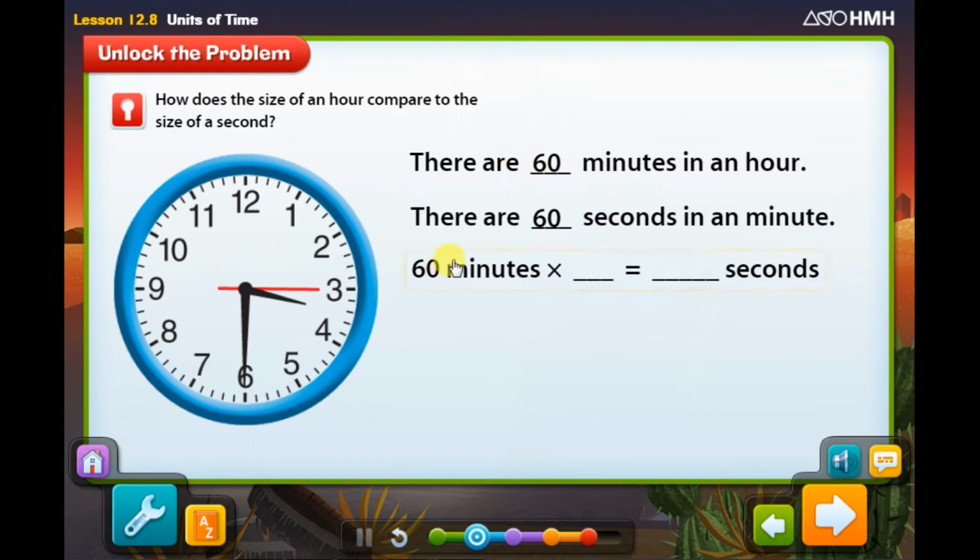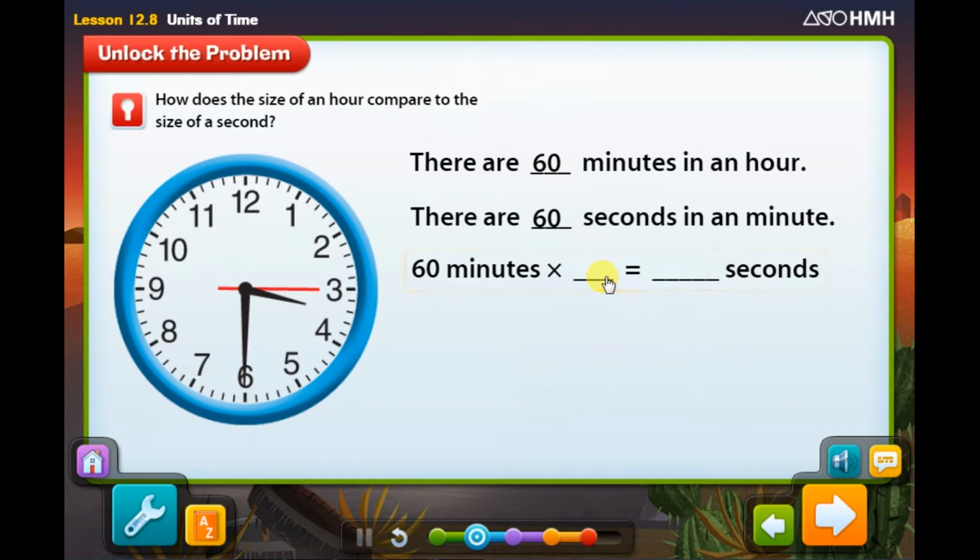So this means I multiply by 60. And again, to move from minutes to seconds, meaning from biggest unit to smallest unit, you have to multiply by the relation between minutes and seconds. This means I should multiply by 60 again to find how many seconds in all in 1 hour.